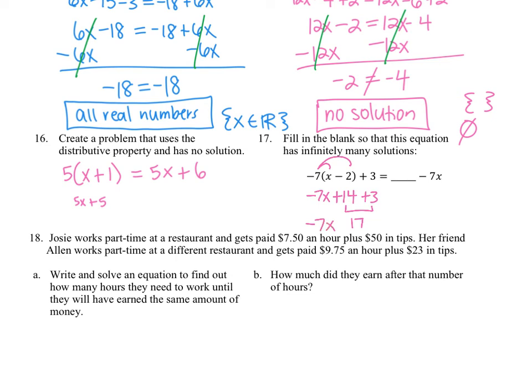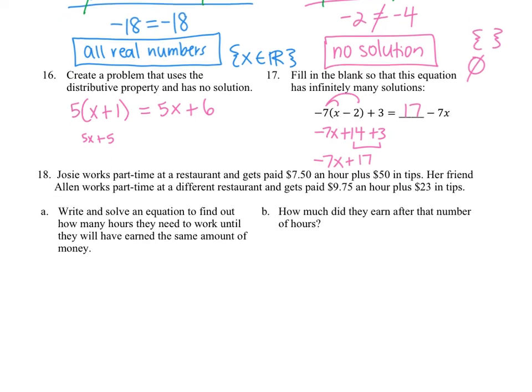So on the left side we get negative 7x plus 17. And so since we want infinitely many solutions, we need the exact same thing on the right side. Look, I already got my negative 7x. So I need 17. So that number is going to be 17. That makes it infinite solutions. So the actual answer is all real numbers, but it has infinitely many solutions.